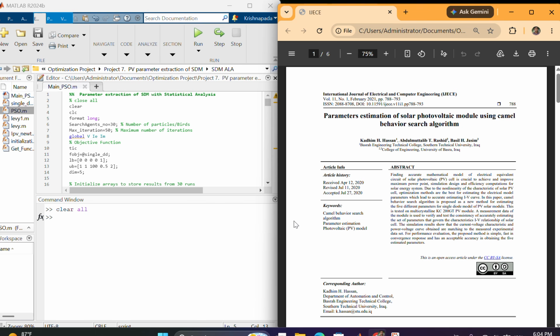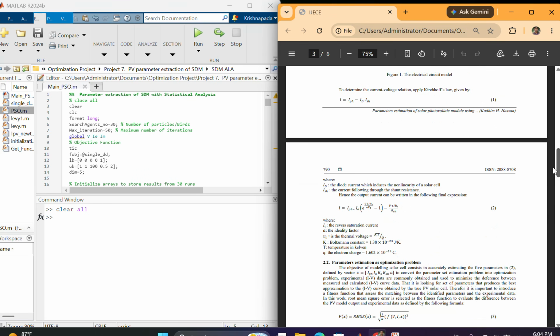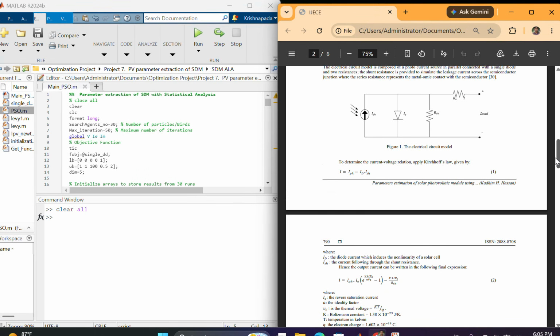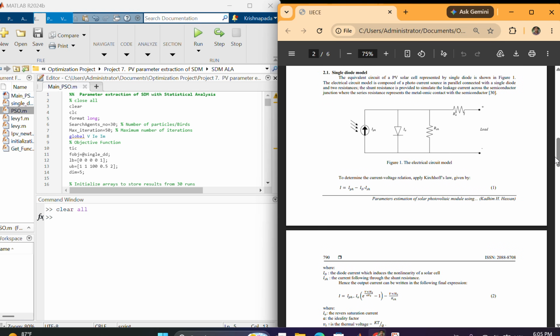This project focuses on estimating the unknown parameters of a solar cell model using the PSO algorithm. It aims to accurately extract the PV parameters. PV parameters means IPS, I naught, RSS, RS, and N, that means diode ideality factor.